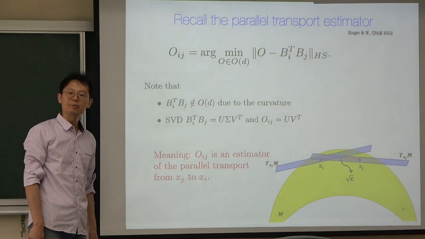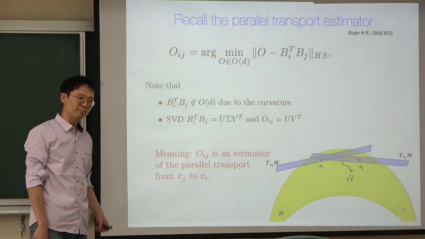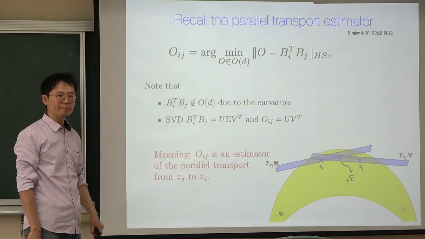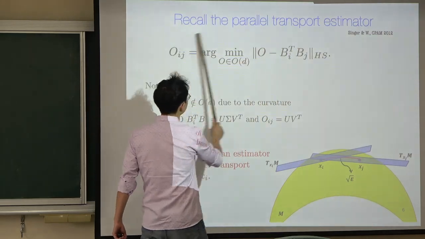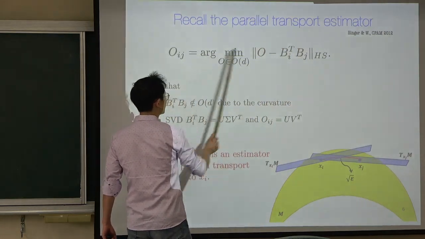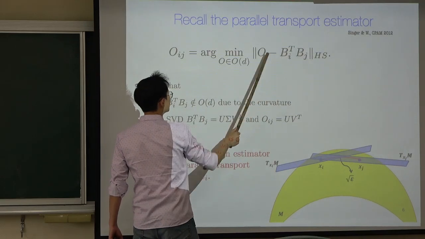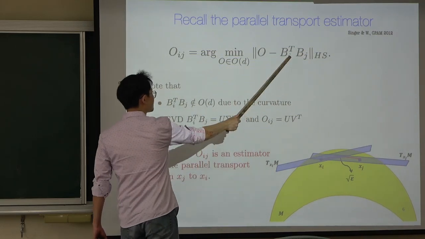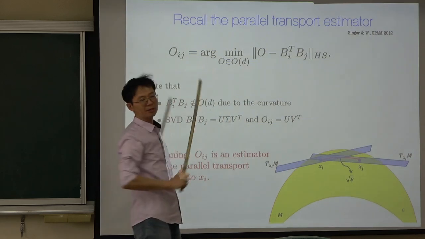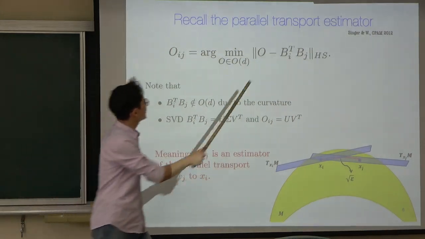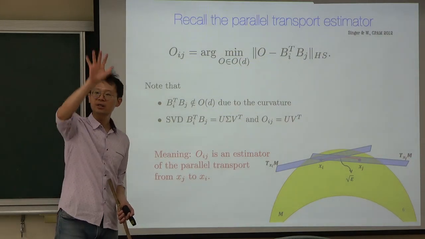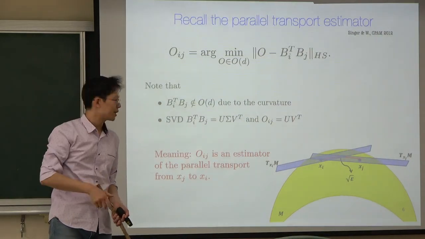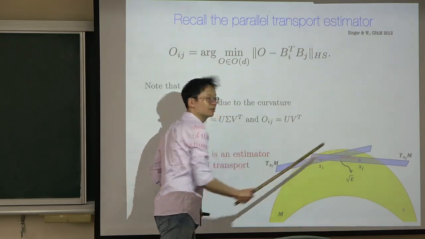That is, you obtain an estimated point on the frame bundle. And you can then try to minimize this function over O, with B_i and B_j. What is B_i? B_i in general is a p by d matrix. That is, you have d vectors in p-dimensional space that is determined by local PCA.